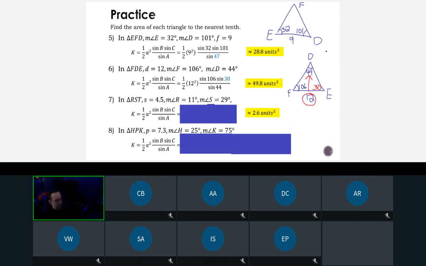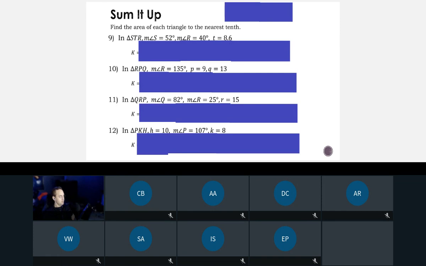We have time. Well, if we have time, we'll come back to these other ones. We're almost done. Okay, so numbers 9, 10, 11, and 12. I would like all of you to work on these 4 problems.